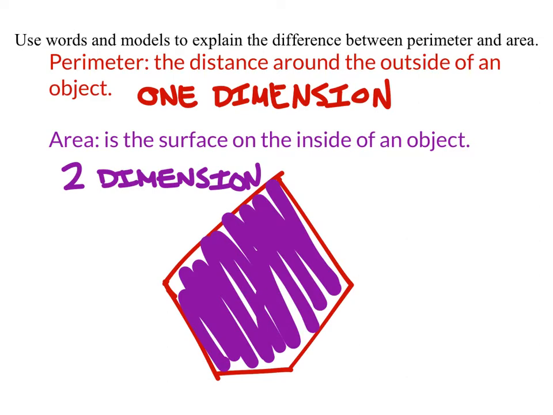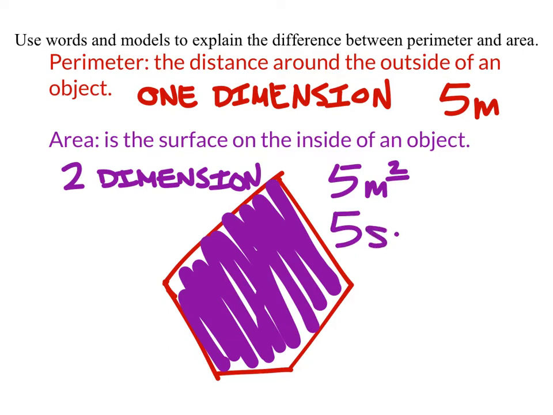Yeah. So 1 dimensional means that if you had a perimeter of 5 meters, it's just meters. For 2 dimensions, it would be 5 meters squared. So the 2 there, the exponent, shows 2 dimensions, even though some people prefer to show it as square meters like this. It's kind of like saying, how tall are you?